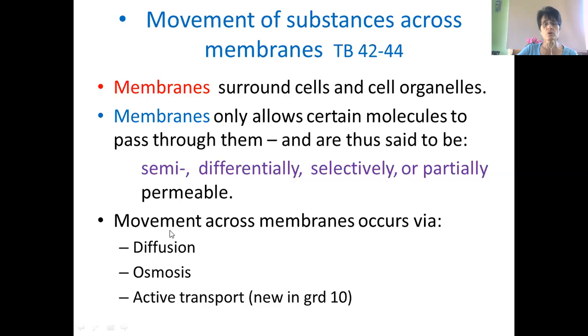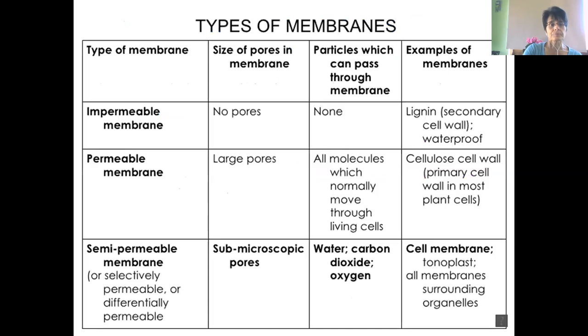And molecules can move across these membranes by diffusion, by osmosis, and something new in grade 10 is called active transport, okay? Now, I found this table, which is quite a good summary. So if we are talking about the different types of membranes, an impermeable membrane, if you take a plastic bag and you put water in it, nothing's going through.